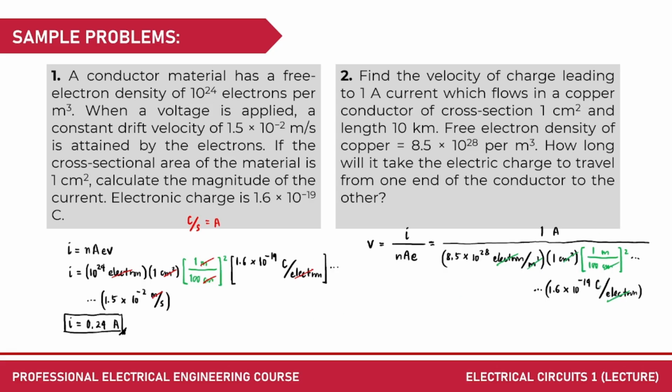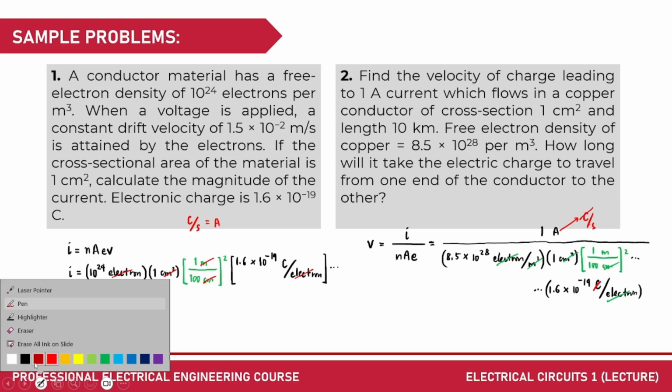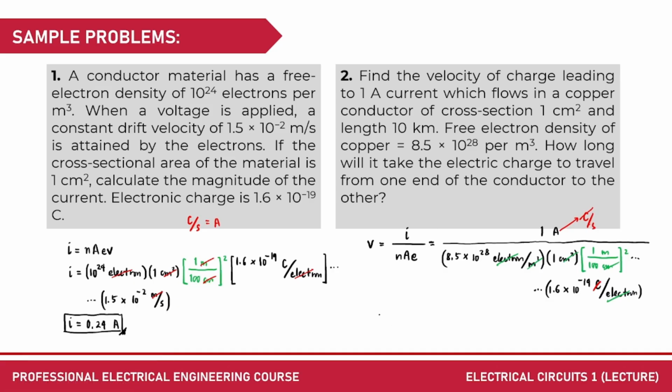Because ampere is coulomb per second, we can eliminate the coulomb, and then one of the meters will go up. So the answer is 0.735 micrometer per second. Please check your calculator if we got the same.